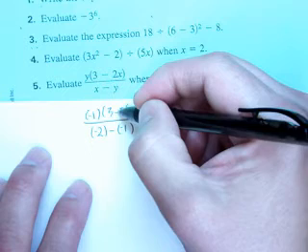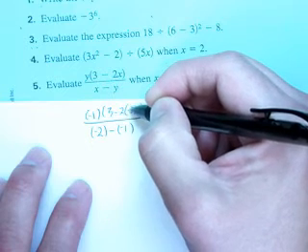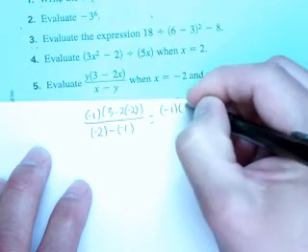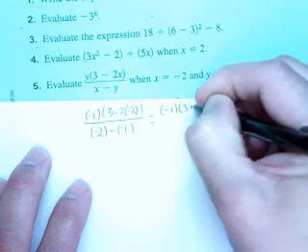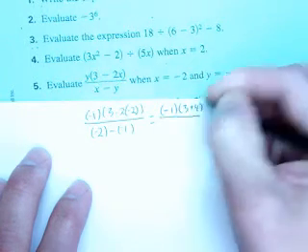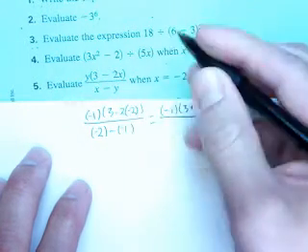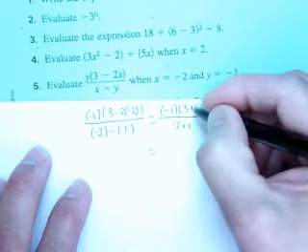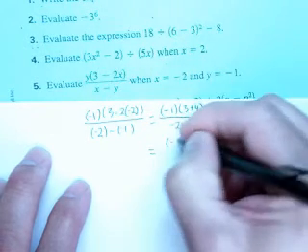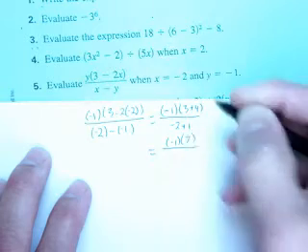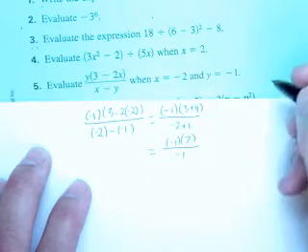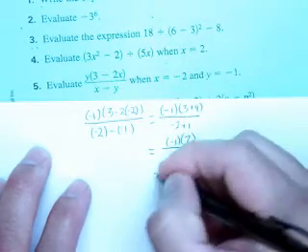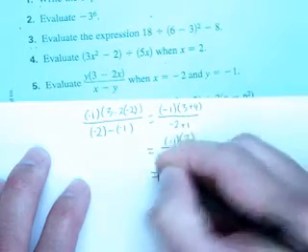We have a negative 2 times negative 2, making it a positive 4. Hopefully we saw that. On the bottom we have a negative to negative, making it a positive 1. And so here this becomes 7. This becomes negative 1. A negative 1 divided by negative 1 is positive 1, resulting in just 7.